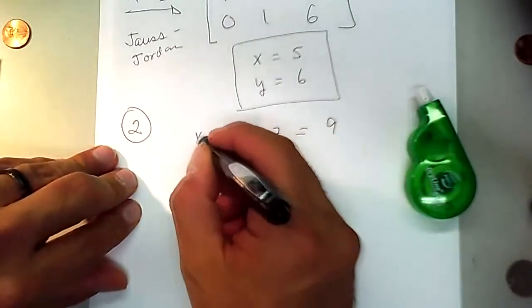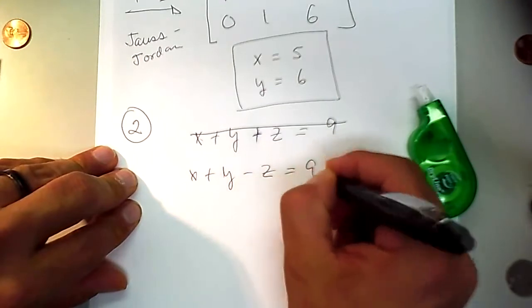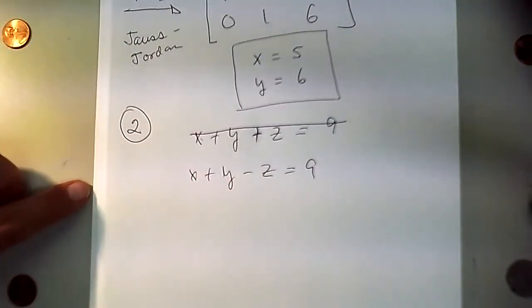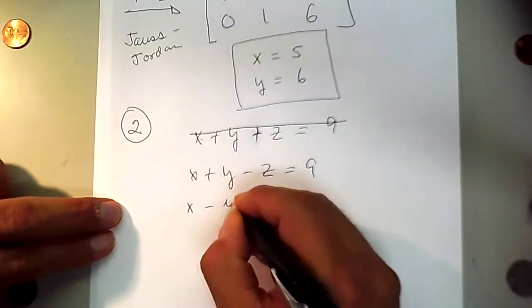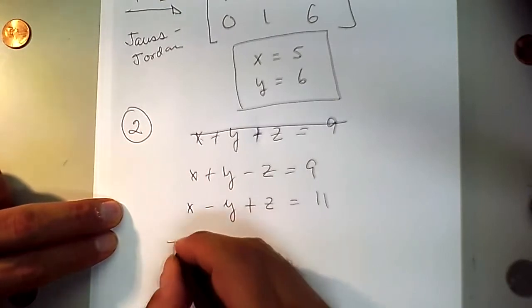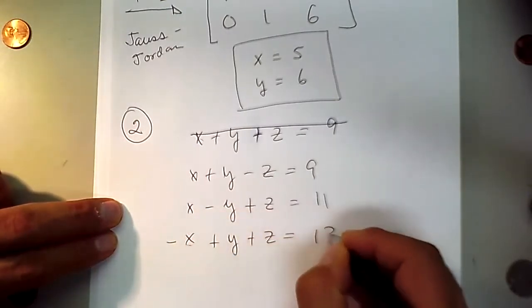Sorry about that. There. x plus y minus z equals 9. Gotta get a new eraser. x minus y plus z equals 11. Negative x plus y plus z equals 13.